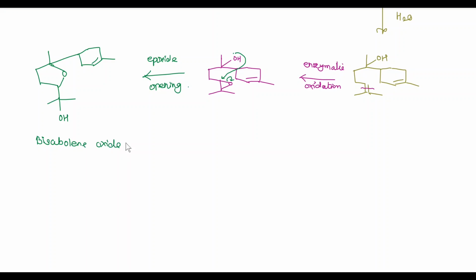The opening of the epoxide takes place on this carbon atom, that is, the lone pair of oxygen attacks this carbon atom and opening takes place on this side. Then we get a 6-member ring.